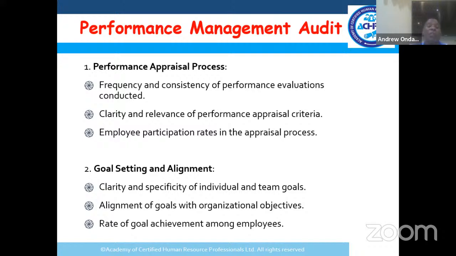That frequency is an audit aspect because we want to establish whether there is a trend. If it's not frequent enough, for example, you take 2 years to conduct an audit, that's a very long time. Why is it a long time?